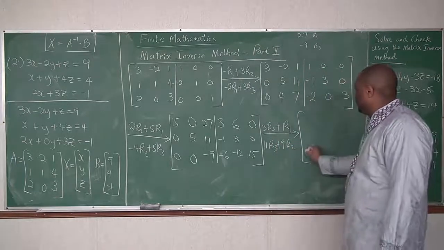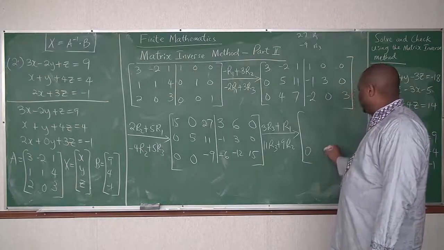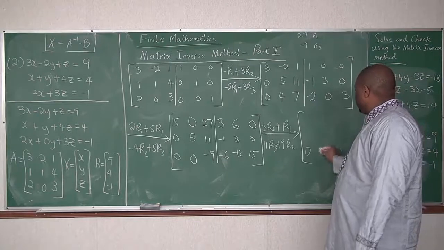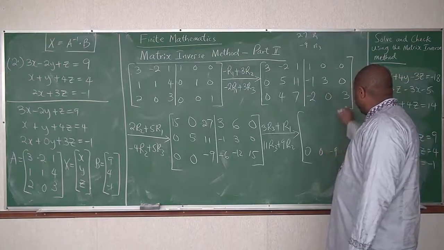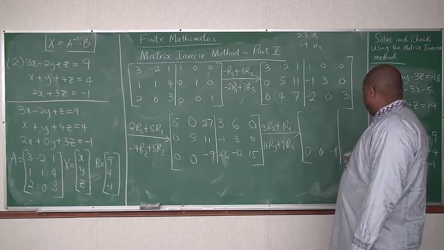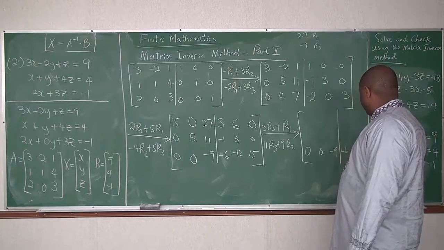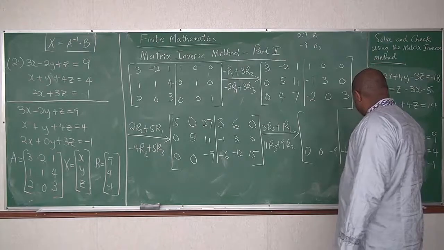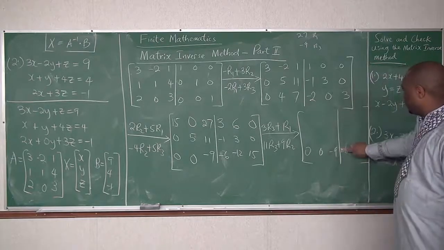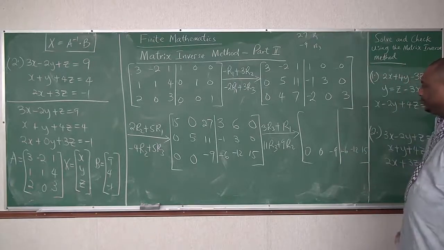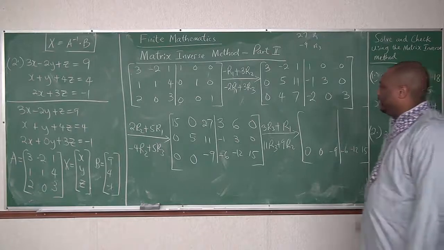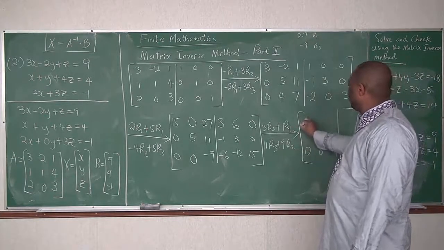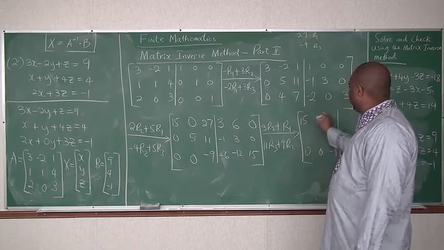So this will be 0, R3 is unchanged, 0, 0, negative 9, negative 6, negative 12, 15. Right? Then 0, 3 times 0, 0 plus 15 is 15. 0, 0 is 0.